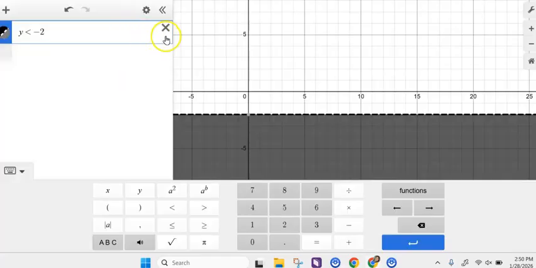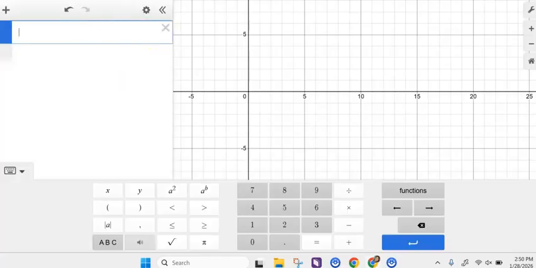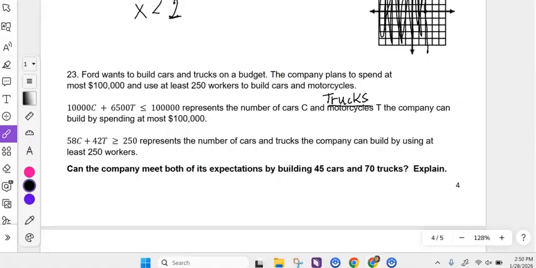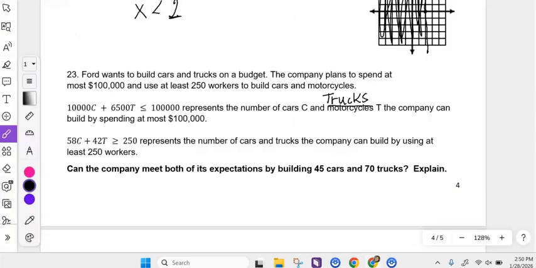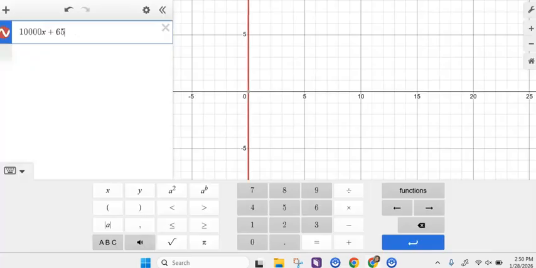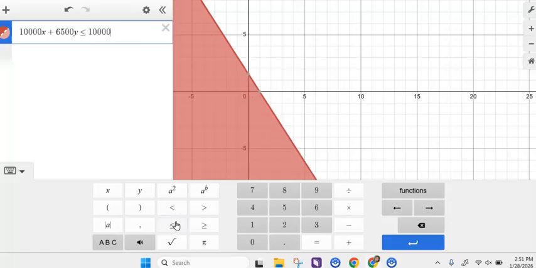So I have to go to Desmos and plug that in. I'm going to do 10,000. C does not go in, so you have to change it to x plus 6,500y is less than or equal to 100,000.